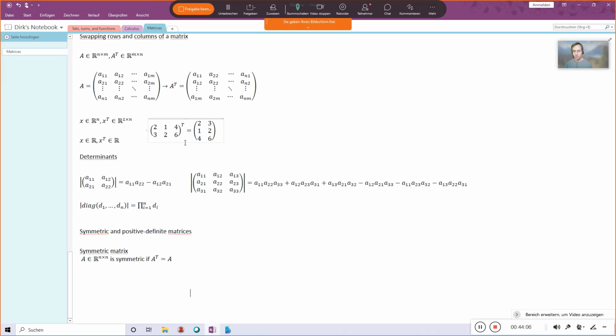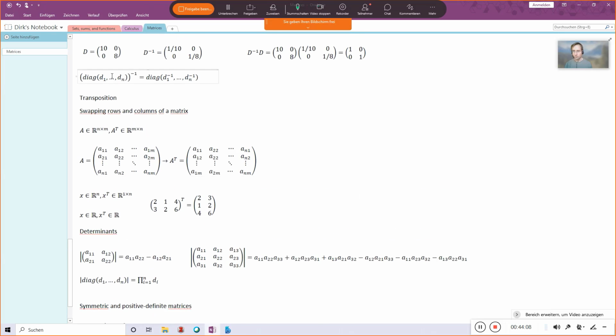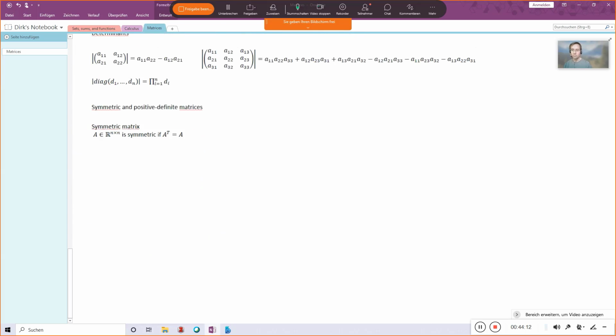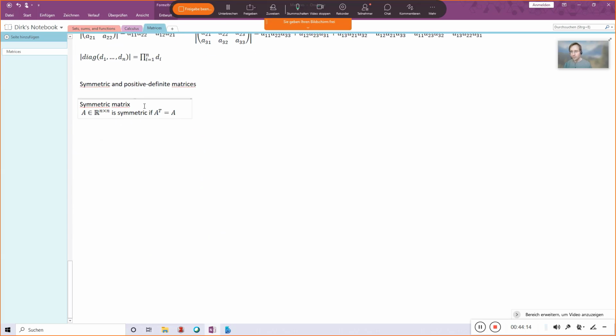So let's have a look at a simple case here. A 2 by 2 matrix. If we have a matrix like this, the important thing is that the mirror symmetric elements are identical. So this is symmetric because transposition doesn't affect the diagonal elements.